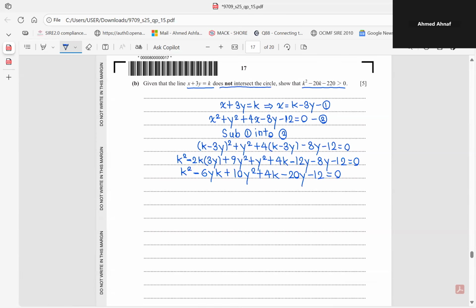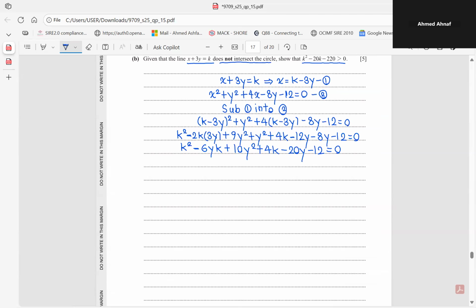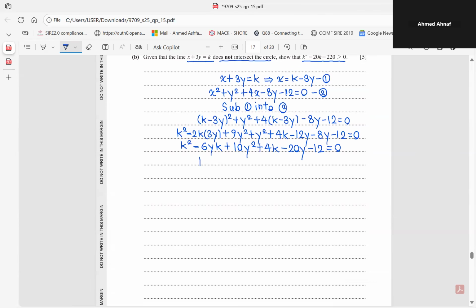Now let's gather the terms in y squared together. There's only one, so 10y squared. Now the terms in y, so yep, that's minus 6k minus 20y.